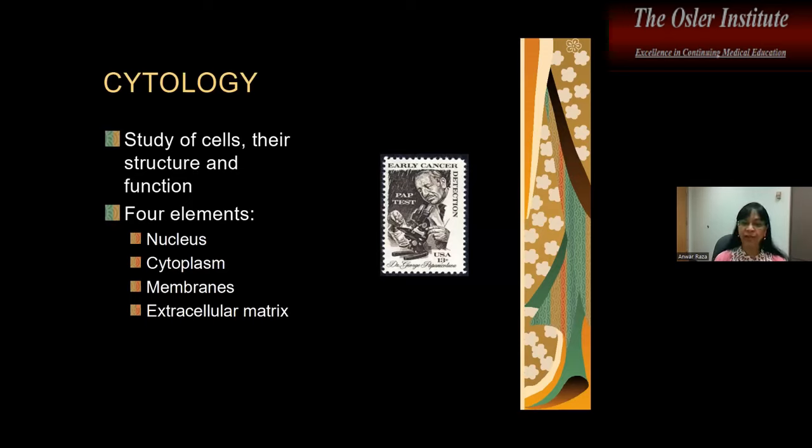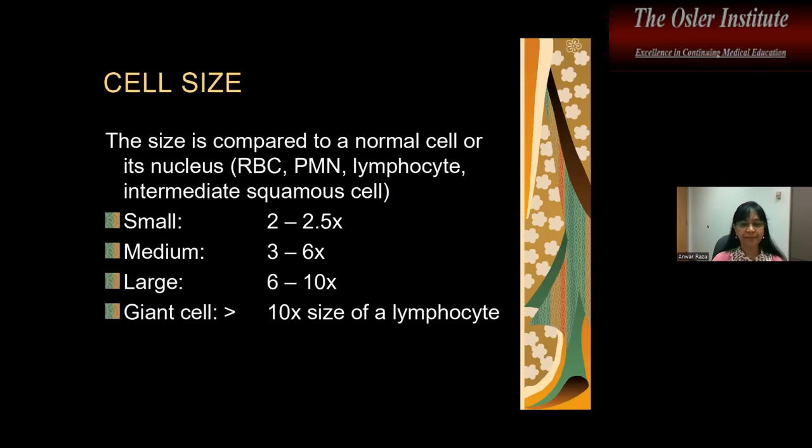So we look at the nucleus, the cytoplasm, the nuclear and cytoplasmic membranes, as well as what's in the extracellular environment. What sort of matrix do we have? Well, looking at cell size, on exams, on those images, you need to use something as a yardstick, right?